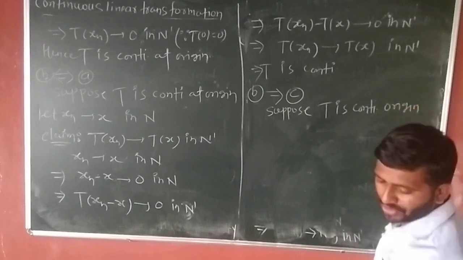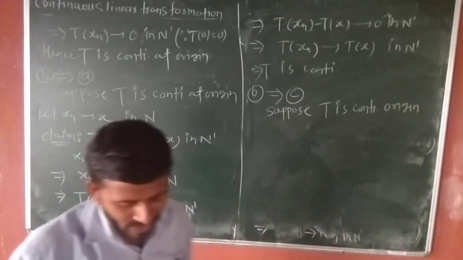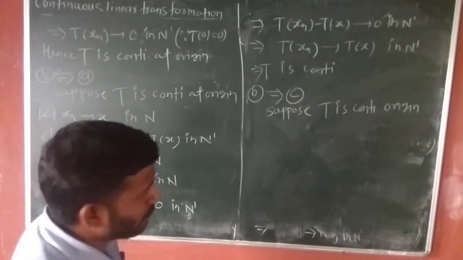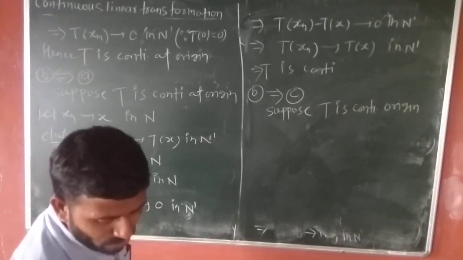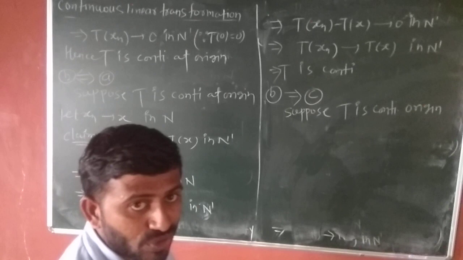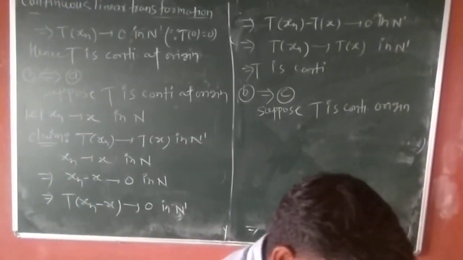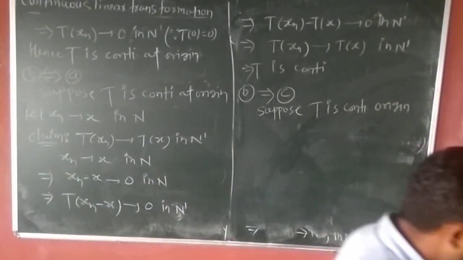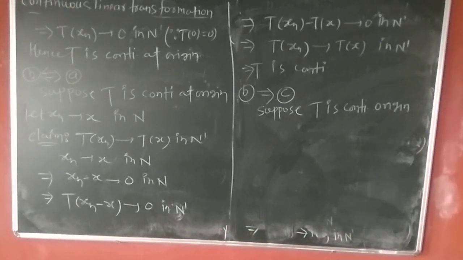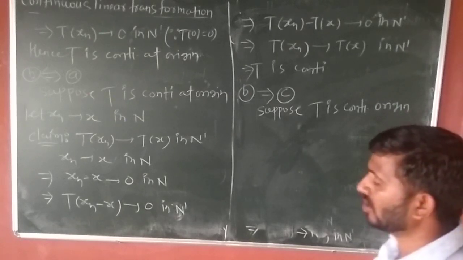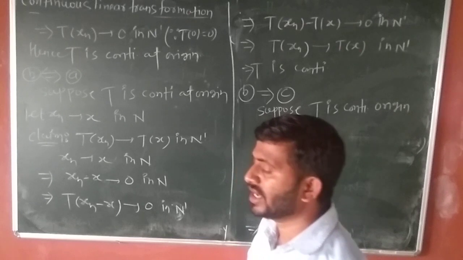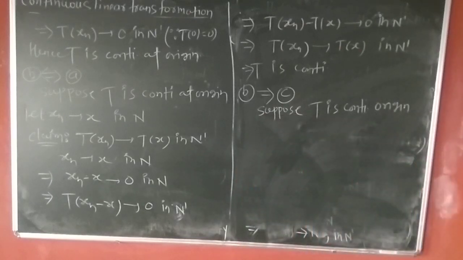Then we have to show there exists a positive integer k such that the norm of T of x is less than or equal to k times the norm of x. Okay, that we have to show. How to show?